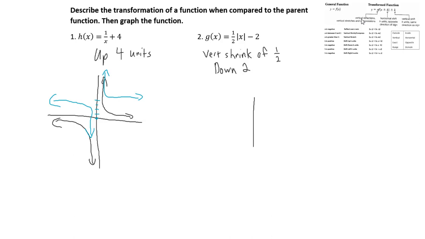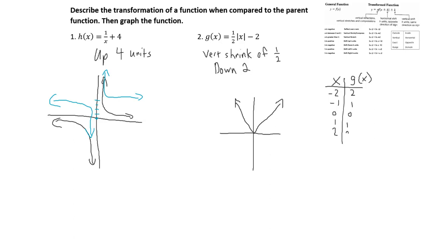So the parent function for absolute value looks like this. And if we want to quickly build a table, it would be -2, -1, 0, 1, 2, and then 2, 1, 0, 1, 2.